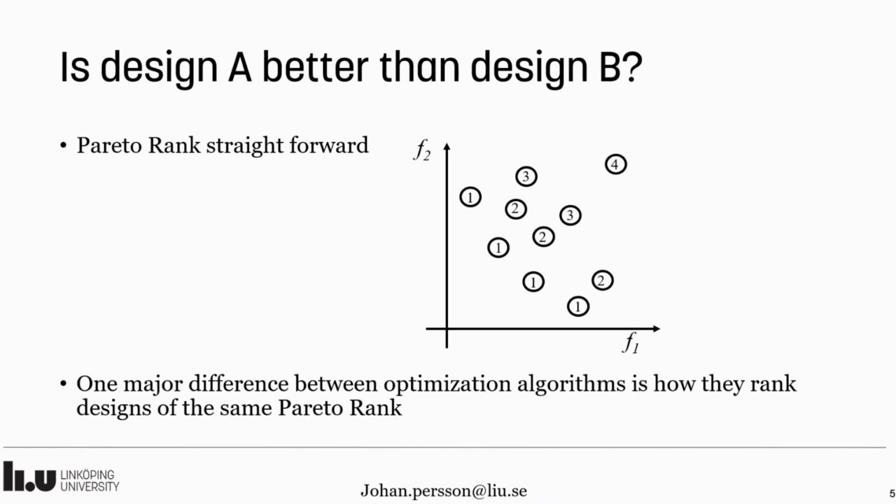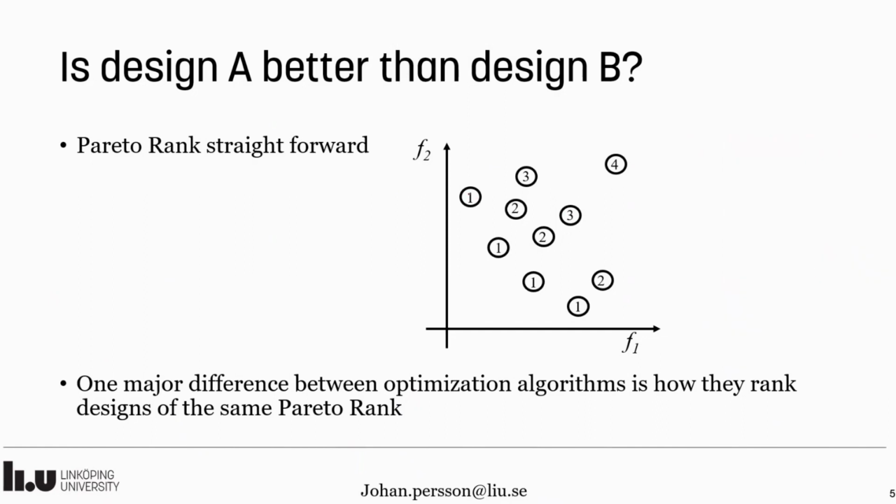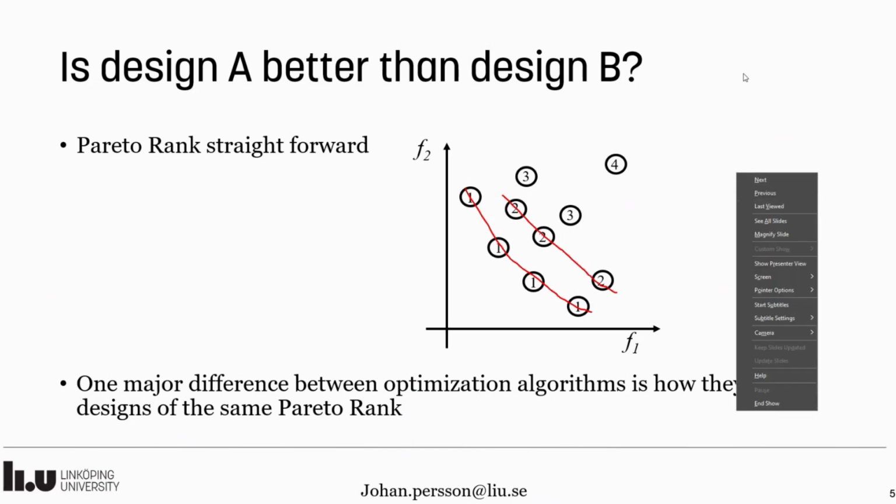So essentially all Pareto optimal points will have rank number 1. And then we can remove those, and take a look at the rest of the points, and see that now these are Pareto optimal. Those points will be of Pareto rank 2, and then we have Pareto rank 3 and 4 and so on.